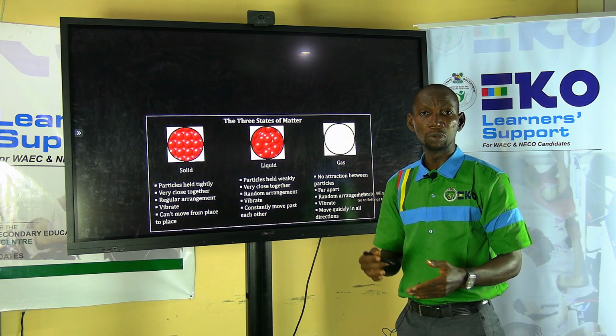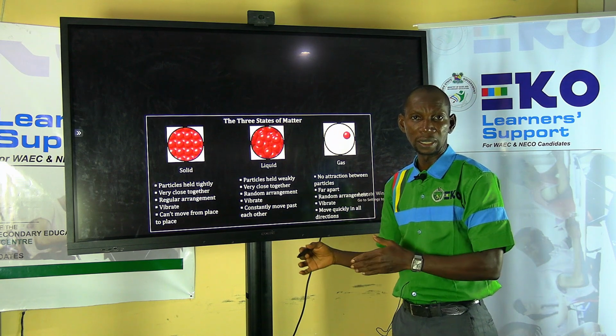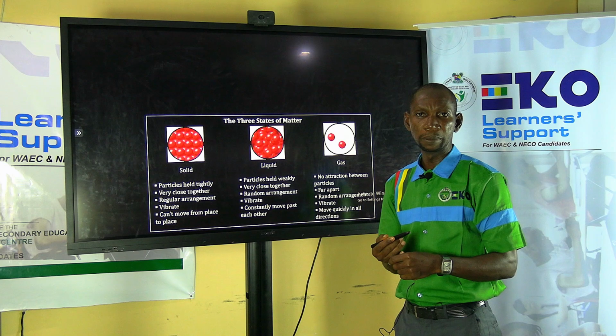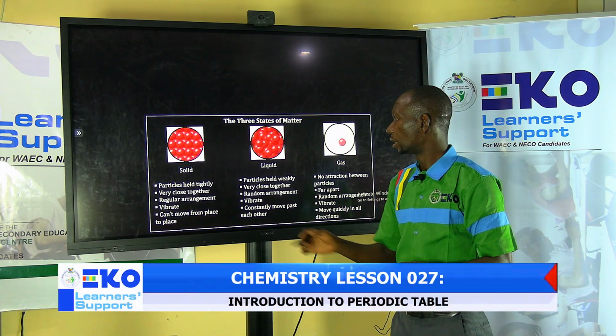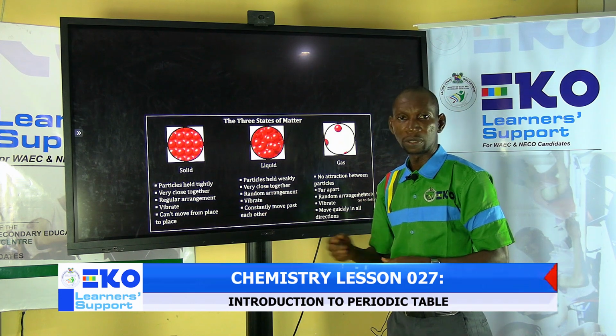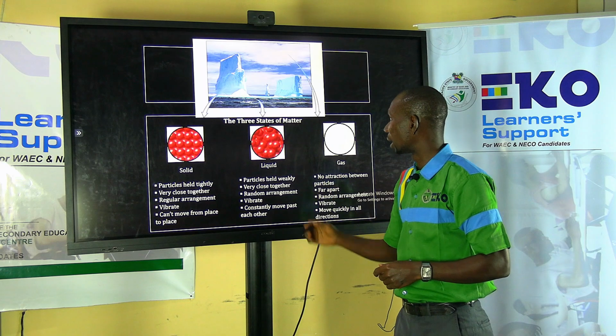So you should be able to classify the elements on the periodic table according to their states into solid, liquid, and gas. I want you to pause this video right now and give me 3 elements in these respective categories. Elements that are solid, elements that are liquid, and those that are gas.